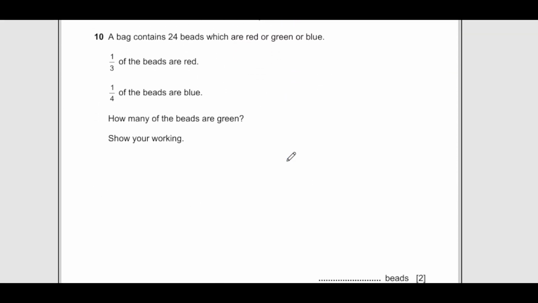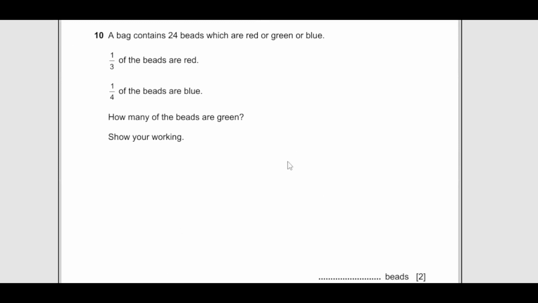And now next we have, a bag contains 24 beads which are red, green or blue. 1 by 3 of the beads are red, 1 by 4 are blue. How many are green? We are looking for green. So this one is 1 by 3 of 24. So 3 times 8 is 24.